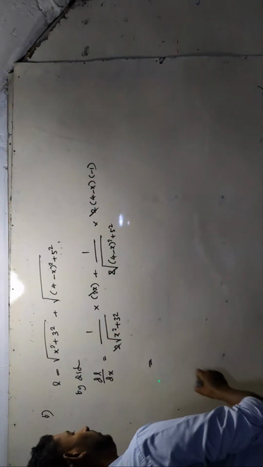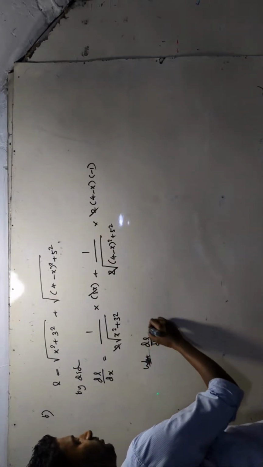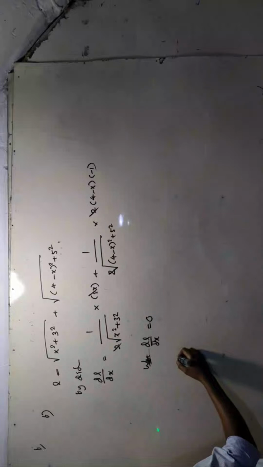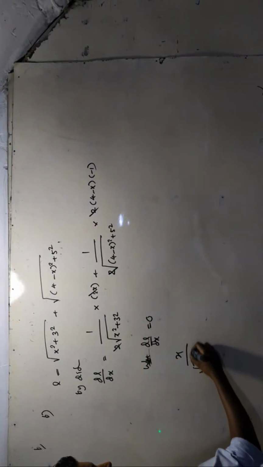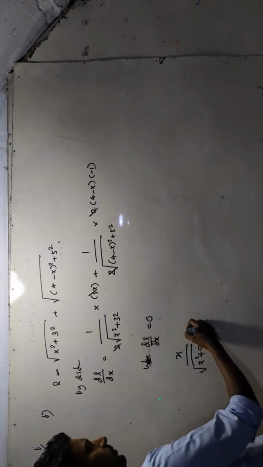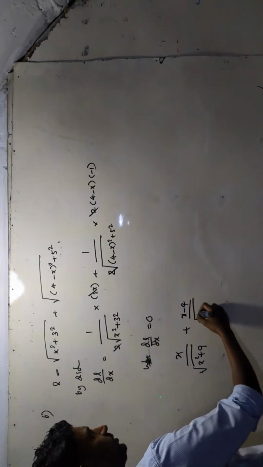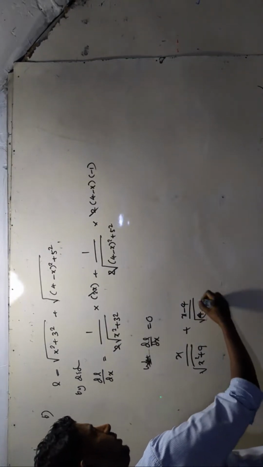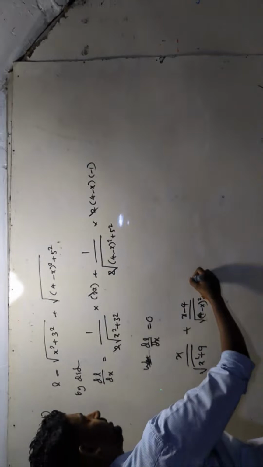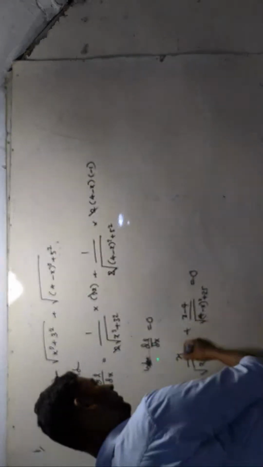Right. Now when dl over dx is equal to 0, that means x over root of x squared plus 9 plus (x minus 4) over root of (4 minus x) squared plus 25 is equal to 0. Now we need to simplify this one. No other option here. So let's do a cross multiplication.